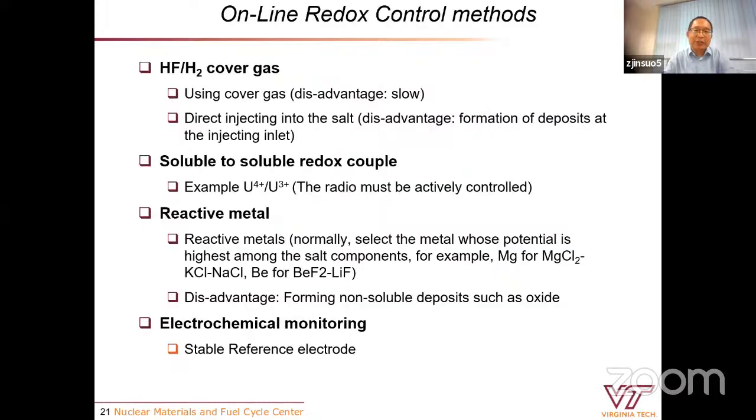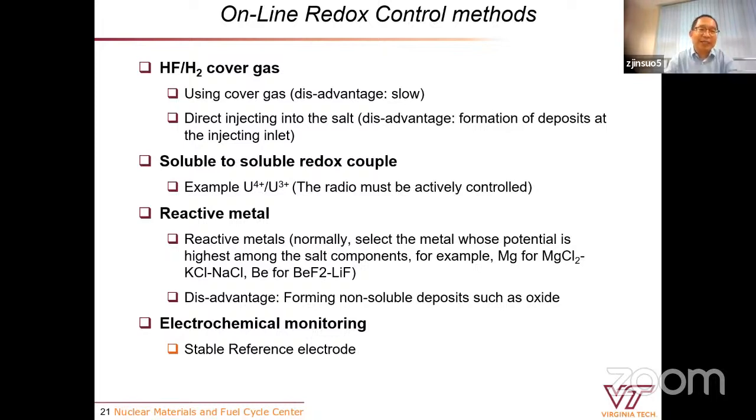Okay, so that is purification. Before you use the reactor, you purify your salt and you can reduce your corrosion. And we can also do online redox control to reduce your corrosion as well.